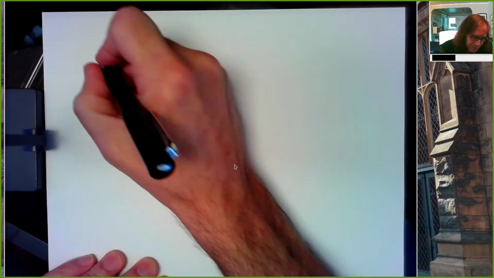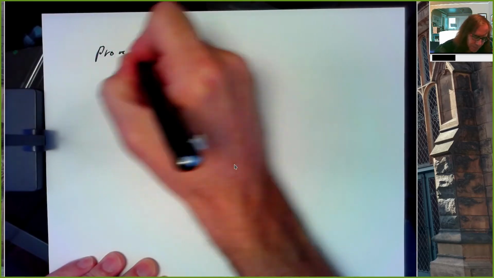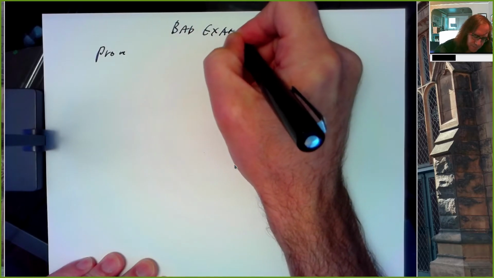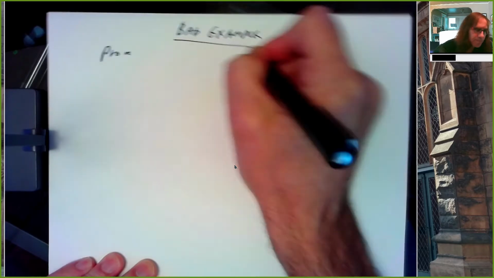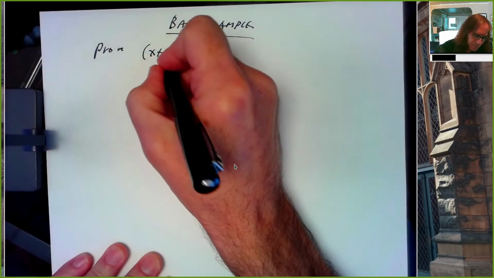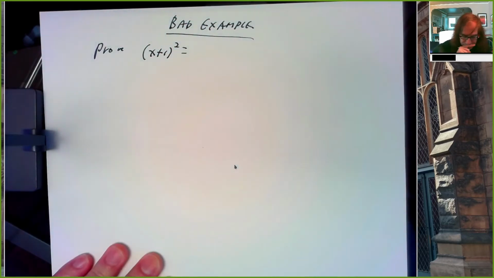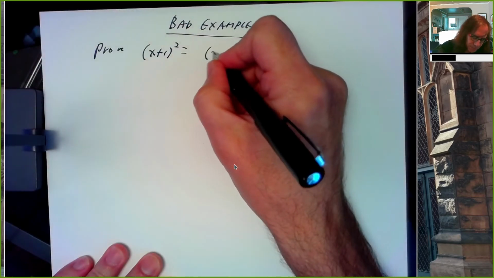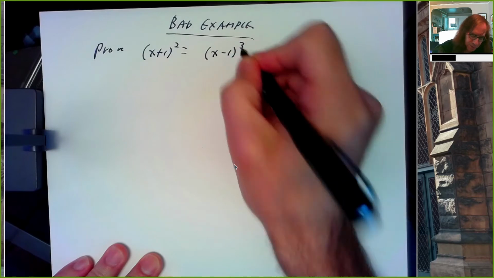So here's an example. So bad example. So let's prove x plus 1 squared is equal to x minus 1 cubed.